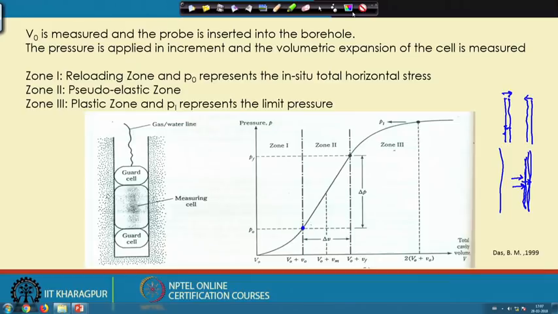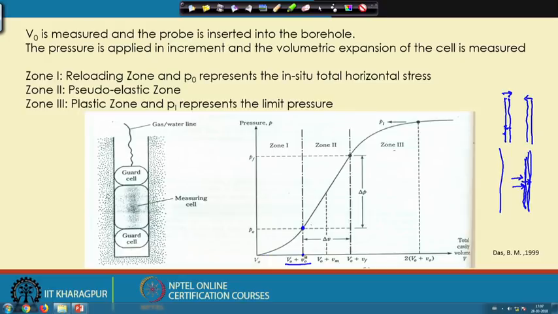If you look at this figure, the original volume is capital V0, the volume of the probe, and now we apply deformation. The volumetric expansion is small v0.